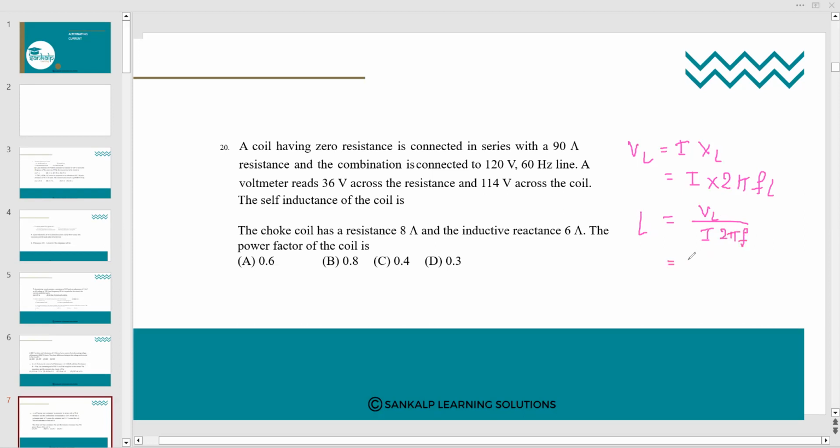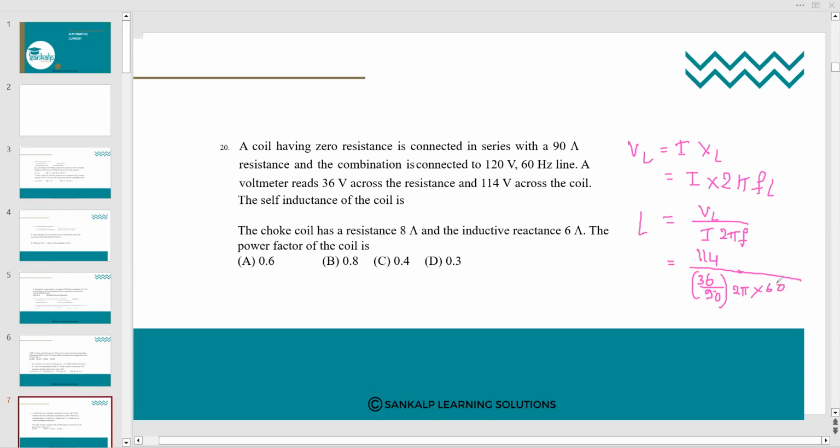So the I value we can take as V by R. Substituting the VL value, 114, divided by I, which is 36 divided by 90, into 2 pi into frequency 60.